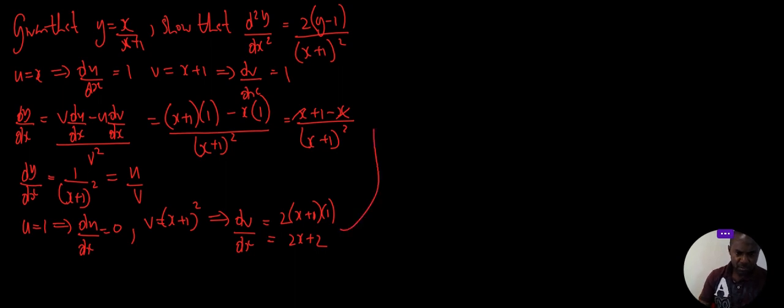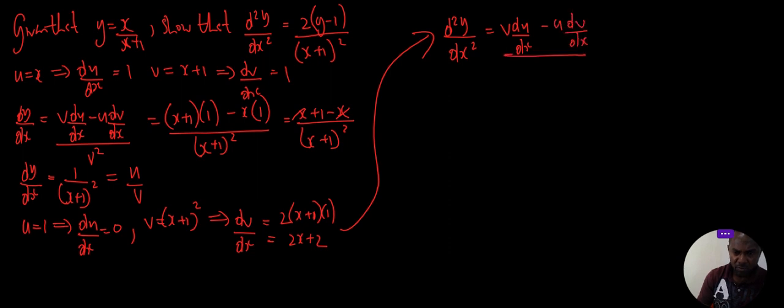And again, by the quotient rule, this time we're finding d2y by dx squared. So d2y by dx squared by the quotient rule is v du by dx minus u dv by dx, all over v squared. Right?